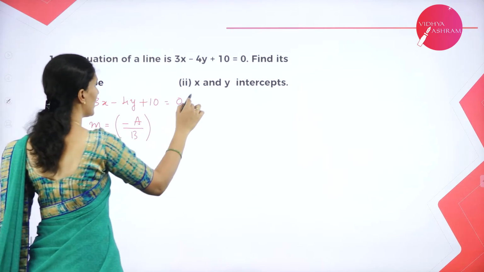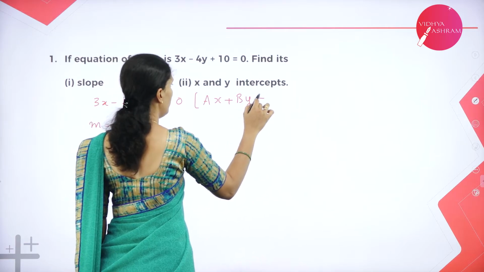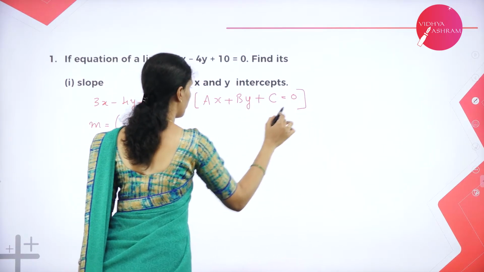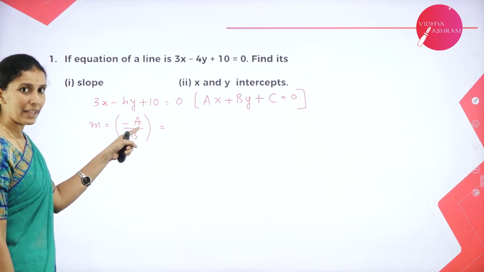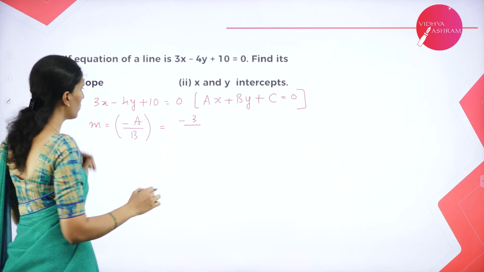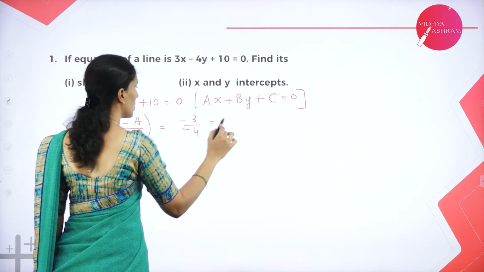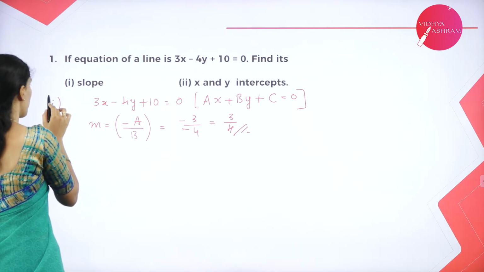So, if you compare this to the general equation, ax plus by plus c is equal to 0, what is the value of a you got here? 3. What is the value of b you got here? Minus 4. Your slope is 3 by 4. So, this is for the first one.